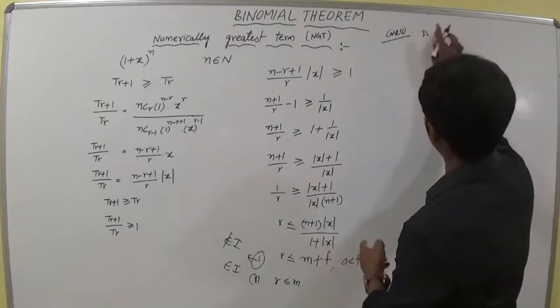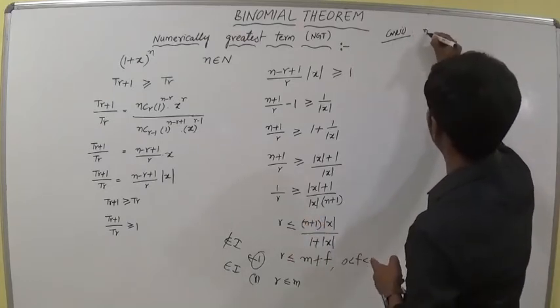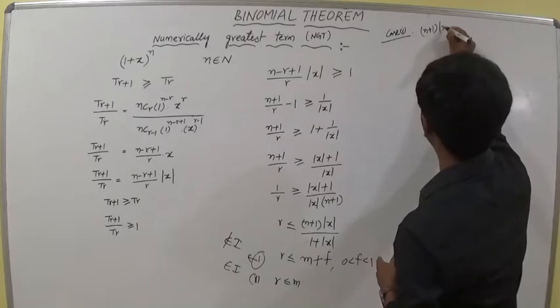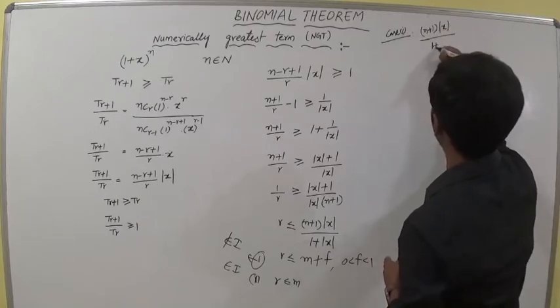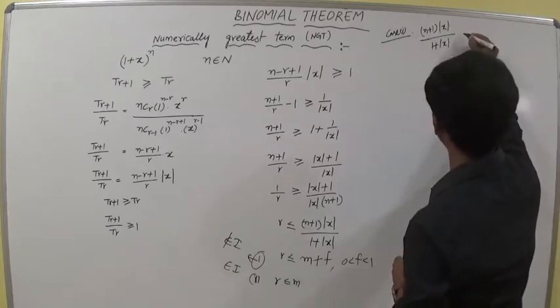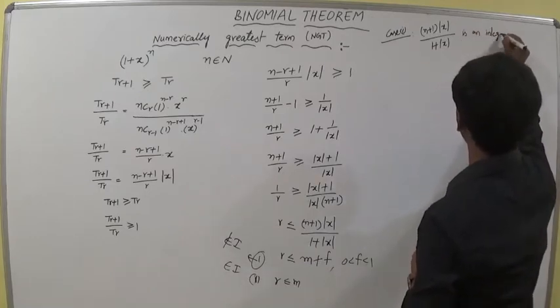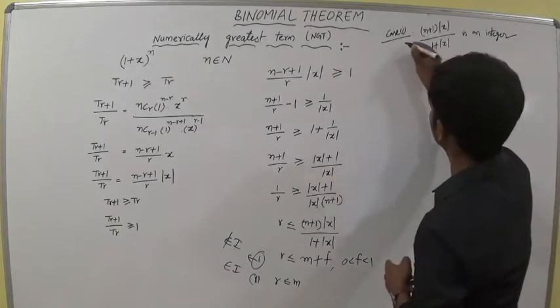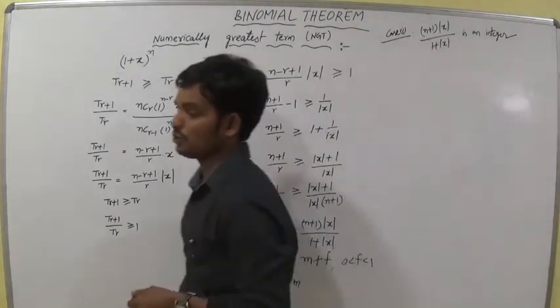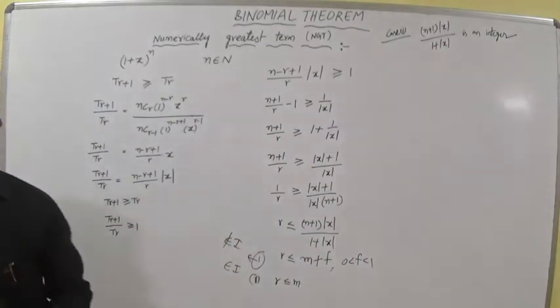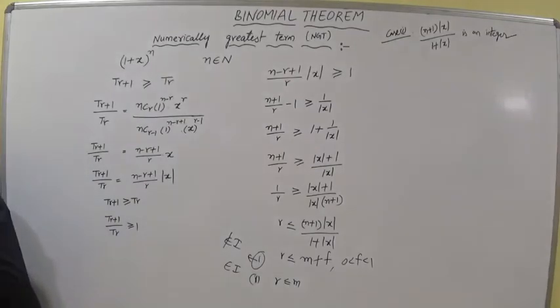Simply we are taking that (n plus 1) into mod x by (1 plus mod x) is an integer. This is case 1.